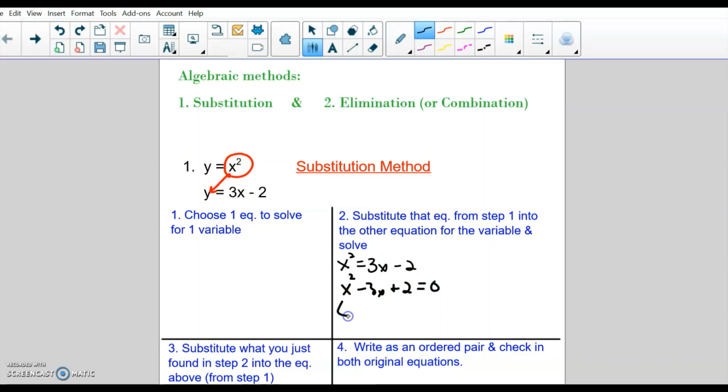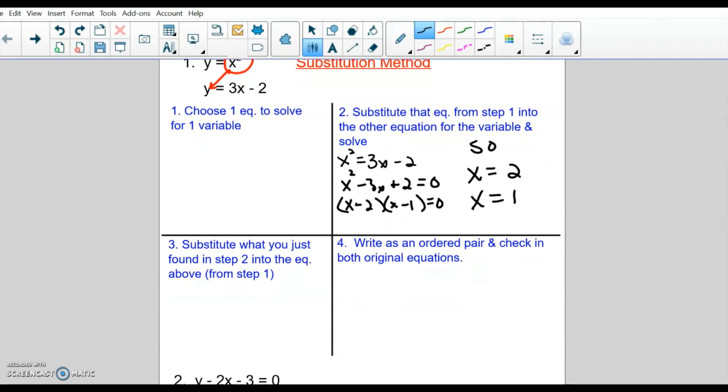Factor and solve that. x minus 2, x minus 1. So x equals positive 2 and x equals positive 1. Those are the x values of the ordered pairs that we're going to have as a final solution.